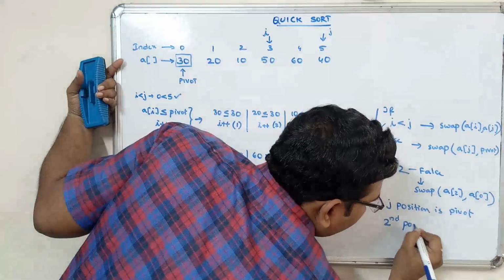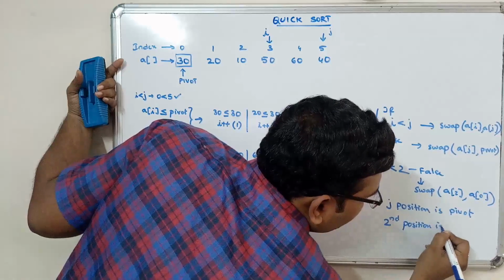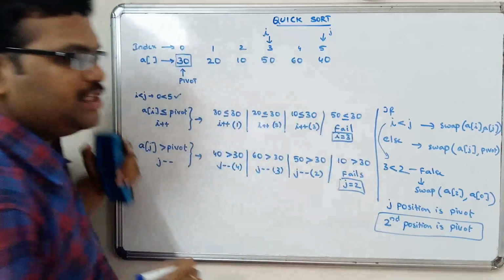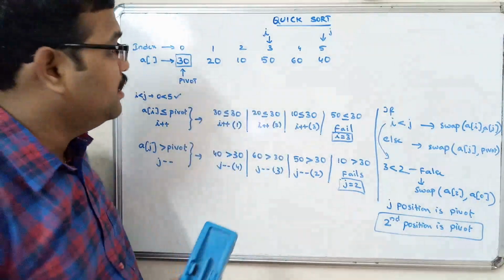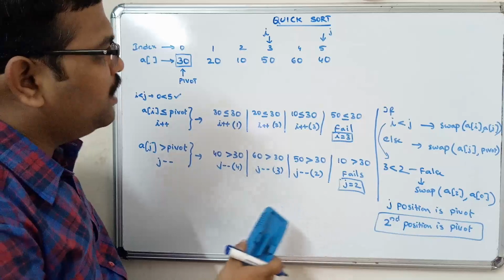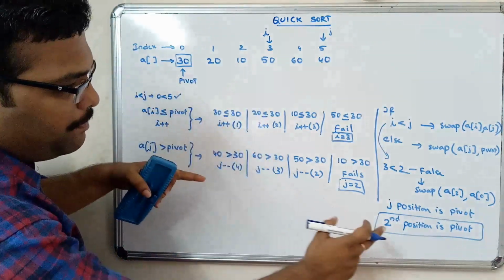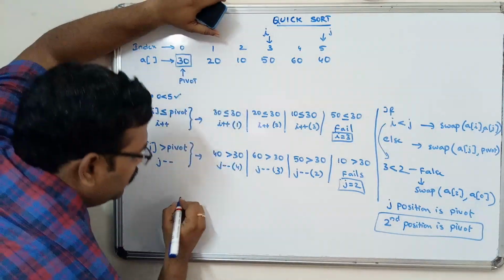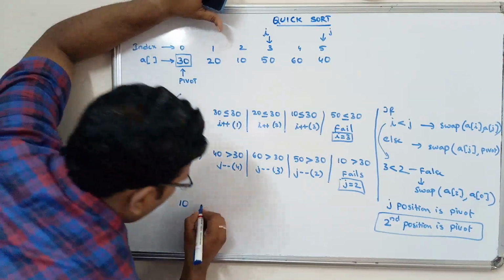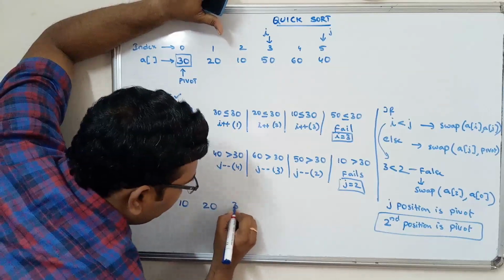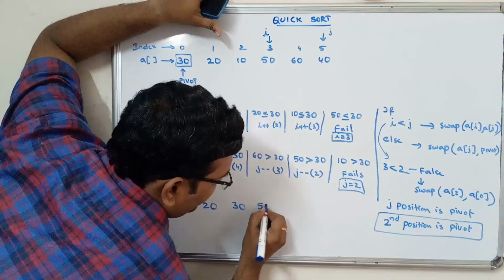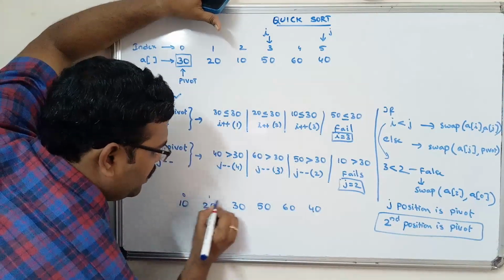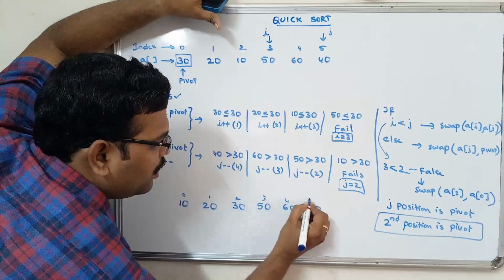Second position with the pivot element. After swapping a of 2 and a of 0, a of 2 means 10. So 10 will be here, 20, then 30, then 50, 60 and 40. See, 0, 1, 2, 3, 4 and 5.